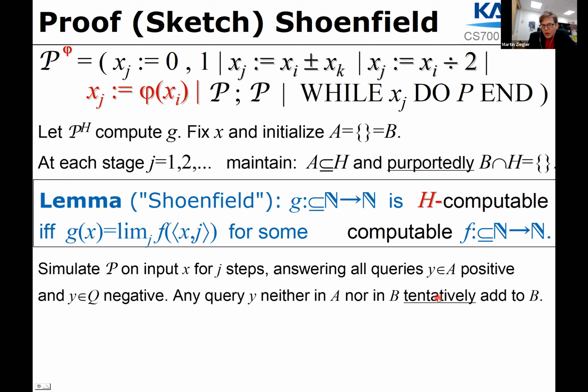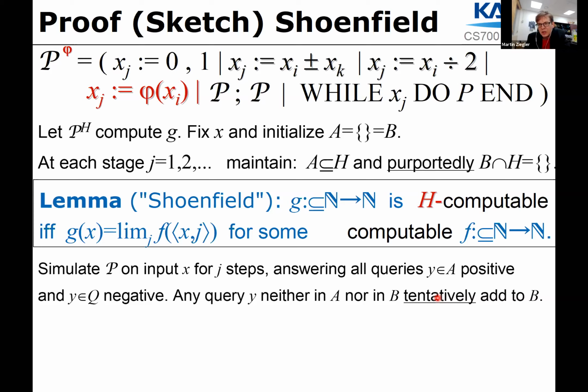Why? Because how can our simulation be sure that this instance does not actually terminate? Remember, we can only be sure about instances that terminate. Once they terminate, then we know they do. But it is fundamentally impossible for an instance of the halting problem to be known when it does not terminate.